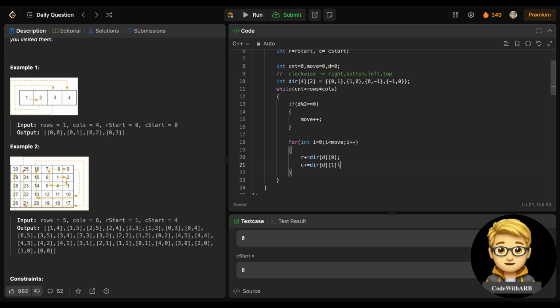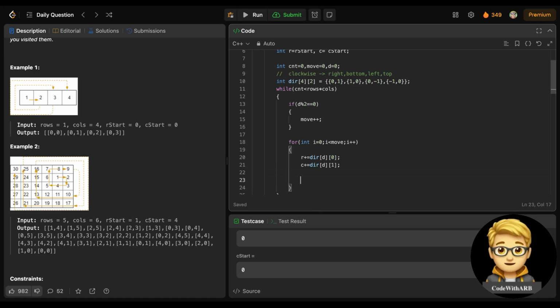That's why I have generalized this. For each and every direction, I just need to assign this value according to this, because there can be only four directions: right, bottom, left and top. So if it is moving right, we will increase this by one.